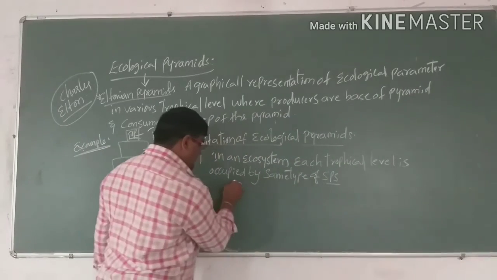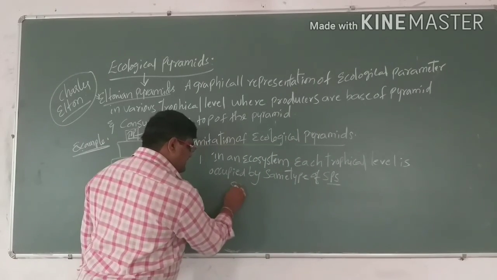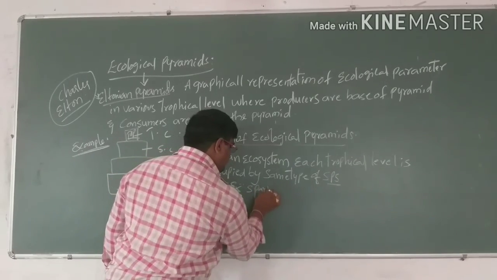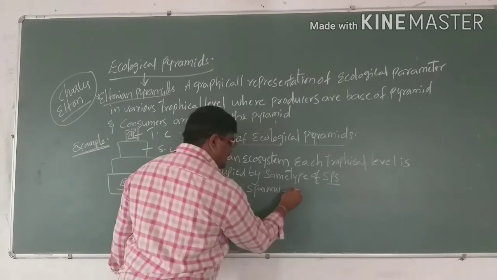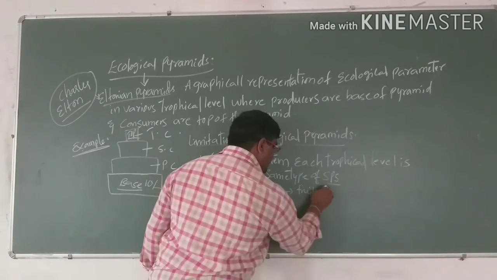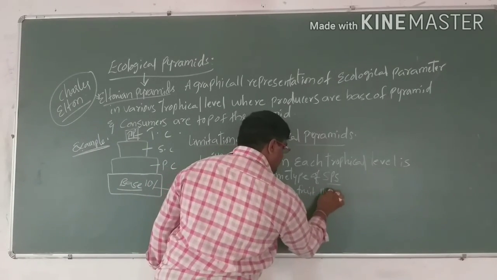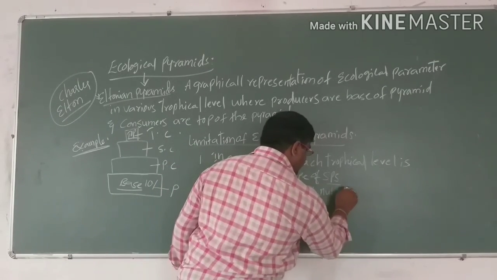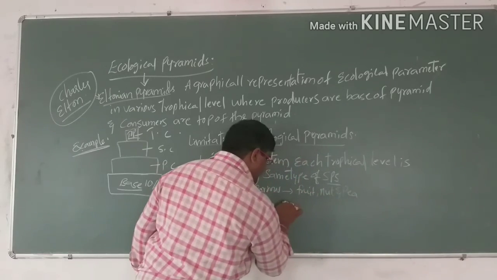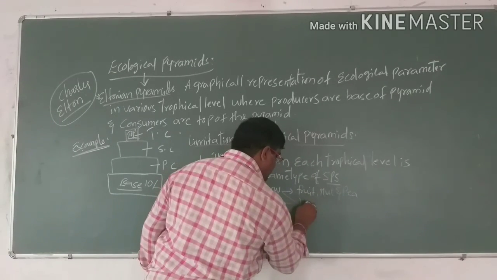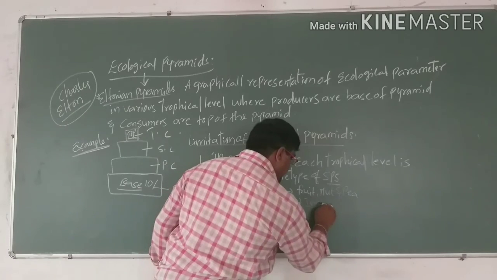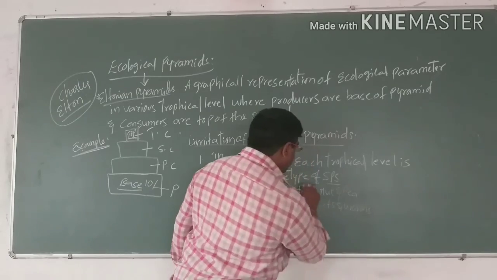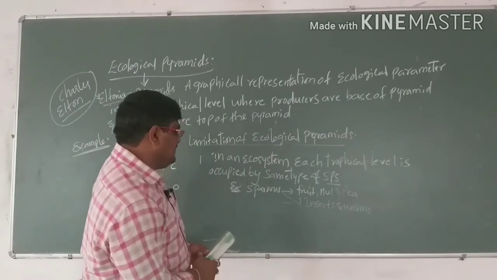For example, if you take a sparrow, it eats fruits, nuts and peas, and it also eats insects and worms. So the same type of species occupies different levels in an ecosystem.